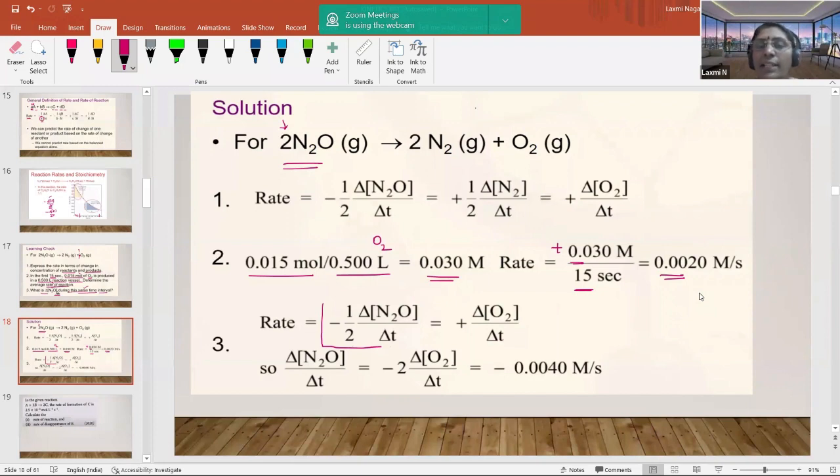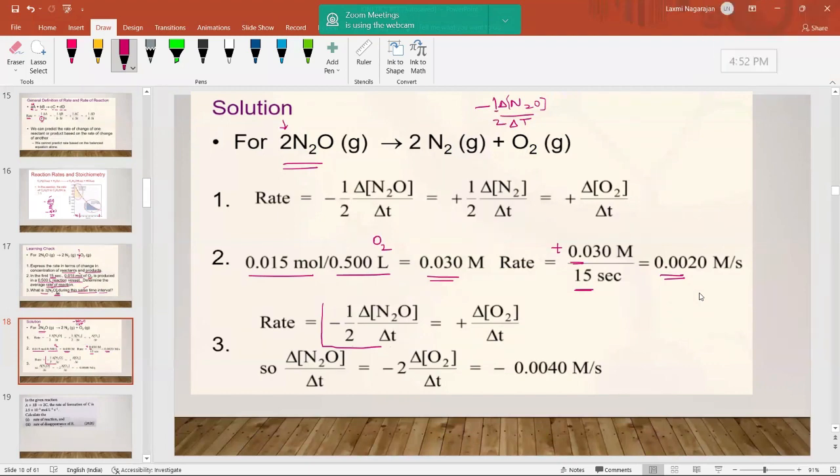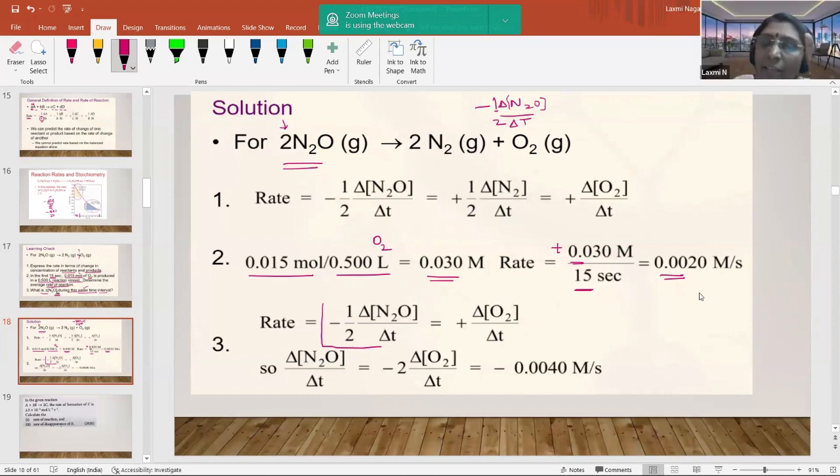When you take minus del of N2O by del T, it is just the rate of disappearance of N2O. The moment you introduce the 2, the coefficient there, it becomes the rate value. So give them that clarity, because the child will know how to calculate, but will get confused as to what he is supposed to calculate.